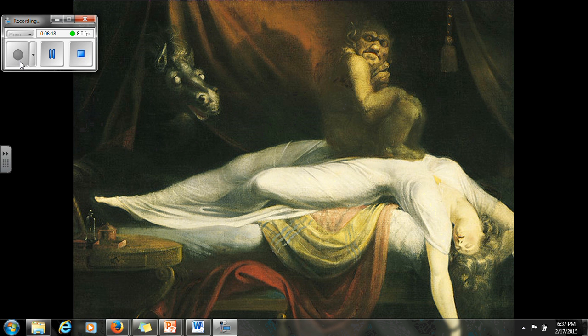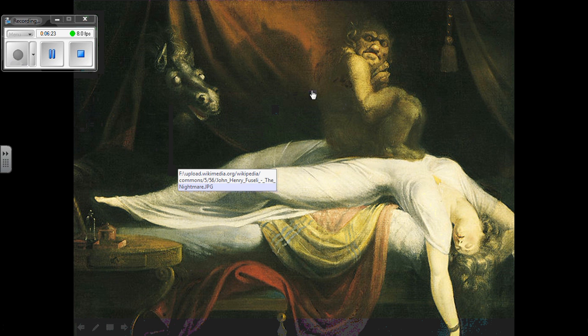But outside of her body, and again, notice the woman is all in white to symbolize purity. But here in the darkness, we've got the dark horse, and we've got a gremlin-looking man who's sitting on top of her. So this is the artist showing that this woman's dreams or her nightmares have escaped her body and are coming to life. Again, a painting that's showing strong emotion here.